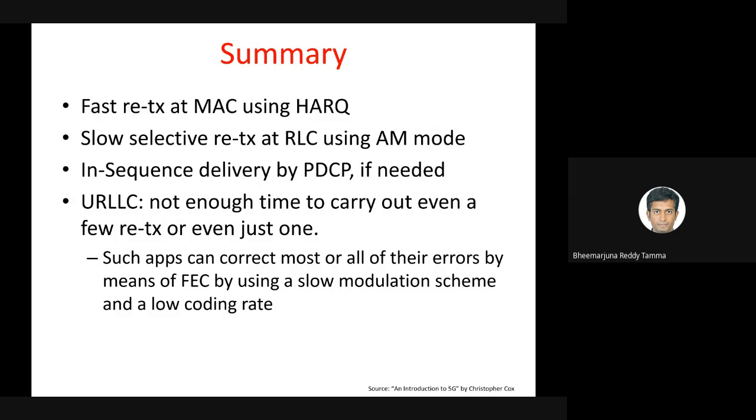If you need in-sequence delivery, you can configure it in PDCP, which is not there in LTE, because in 5G they wanted to cut down a lot of processing delay and waiting times to support URLLC use cases. And if it comes to URLLC, we can also do something more.